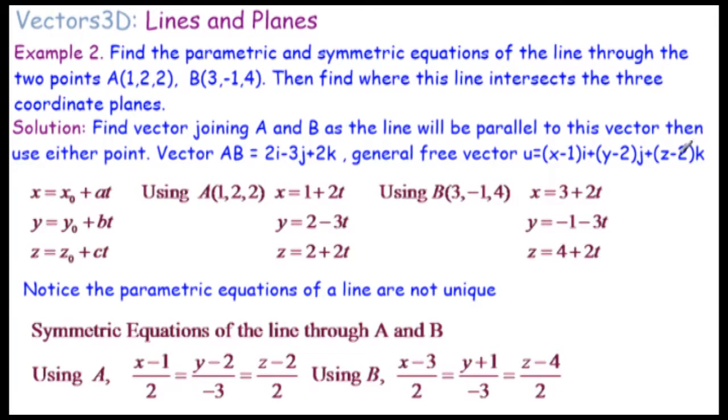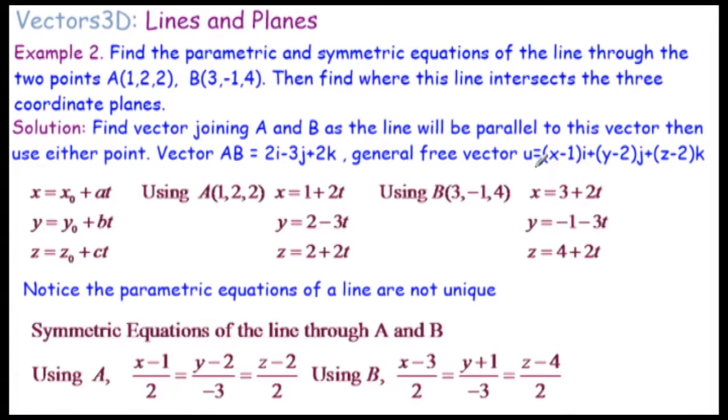Now, obviously, if these 2 vectors are in fact traveling in the same direction, then one is a scalar multiple of the other, and we use that idea. So U is equal to T times AB, if you like.